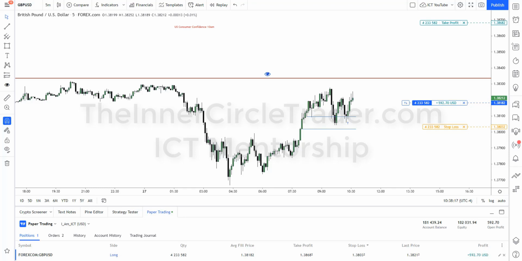Now I'm looking at the time. It's getting close to 11 o'clock in the morning, New York time, so it needs to start speeding up and trying to make an aggressive run for those buy side liquidity pools.